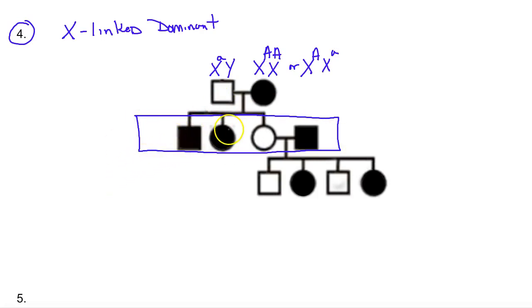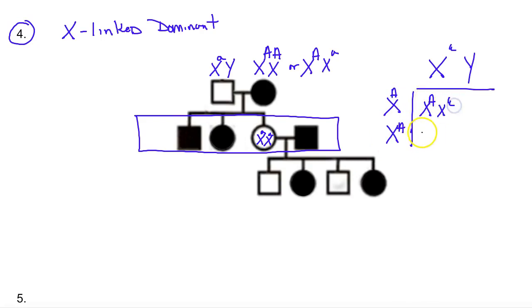Well, I have a female that is not inflicted here. So this must be a female that is X little a, if this is an X-linked dominant allele. So what's going to give me that little a? Not this guy. If we cross the male X with the dominant allele, and we have the Y, and then I have the female, if it's double A dominant, you can see that every female is going to at least have one dominant allele, correct?